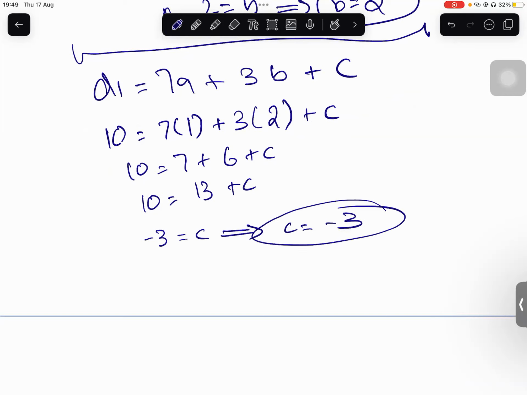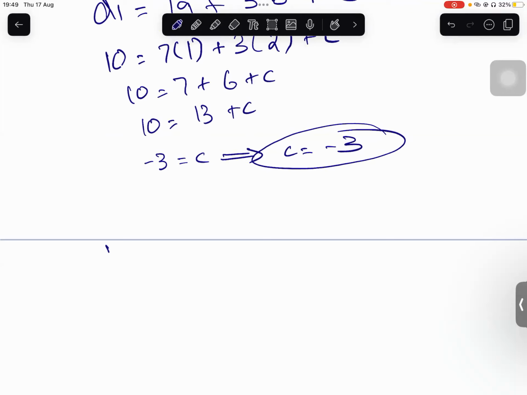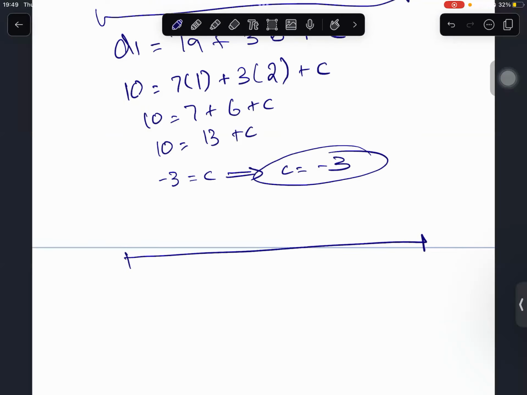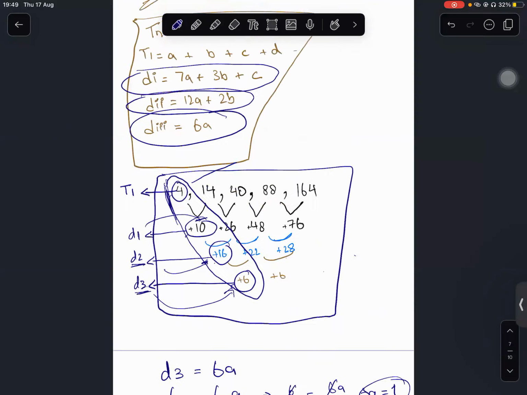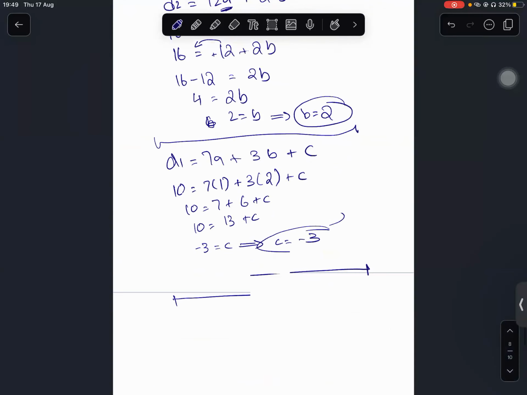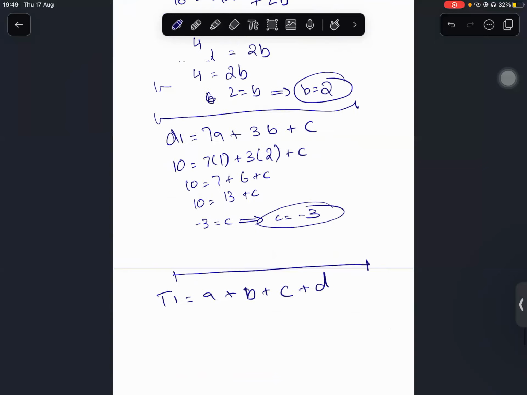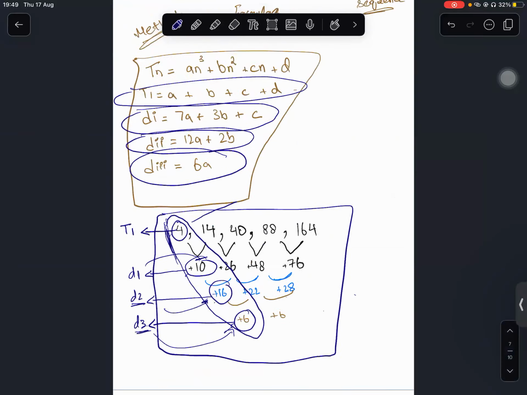Is this clear as well? Yes. Cool. Now we move on to the last equation, which is in fact not the simplest, because the first one is also extremely simple. The last equation is T1 is equal to A plus B plus C plus D. Now we find what T1 was.